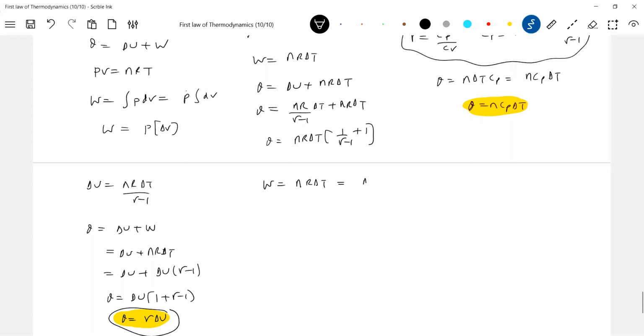Already we know, it should be equal to delta U gamma minus 1. Okay, there's one more equation. In isobaric process, work done by gas is equal to gamma minus 1 into delta U. See this. Okay, Q, delta U, we got it. W in terms of delta U, Q in terms of change in temperature, Q in terms of W, I want.